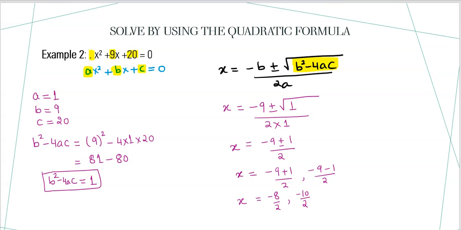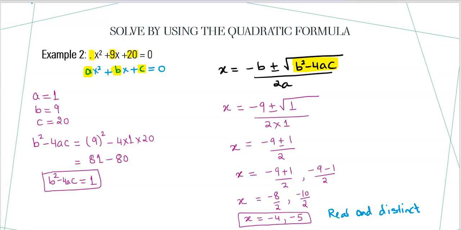We can further simplify them: x equals −8 divided by 2, which is −4, and −10 over 2, which is −5. So these are the two roots of the quadratic equation. You can see that these roots are real numbers and distinct.